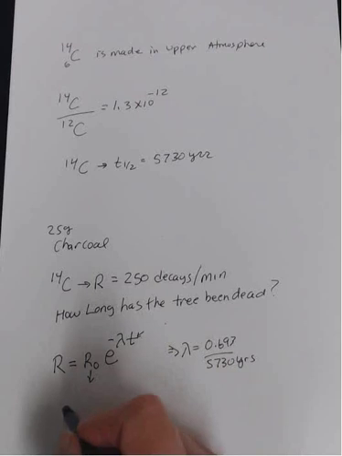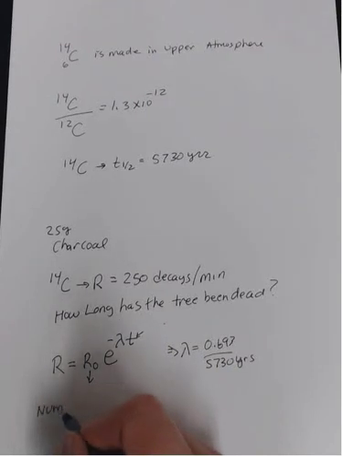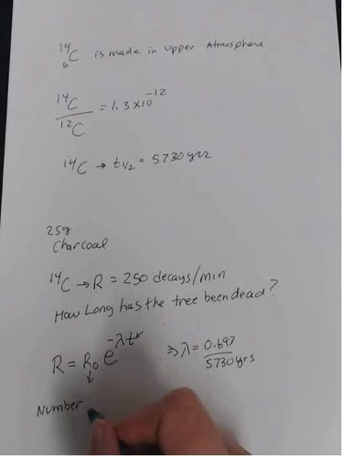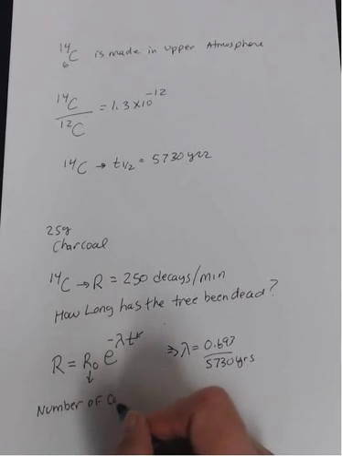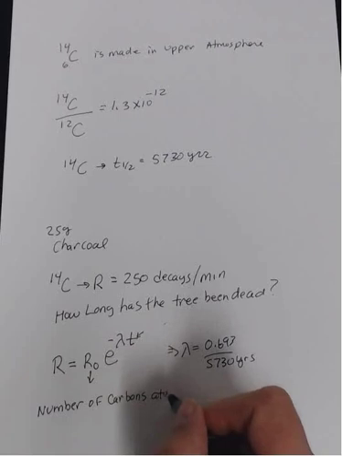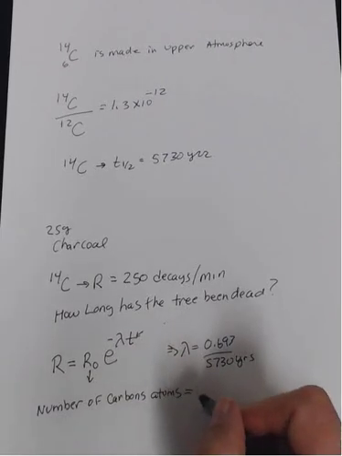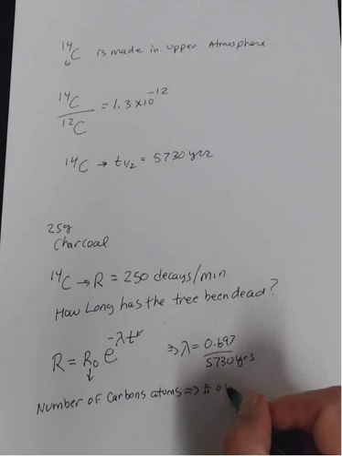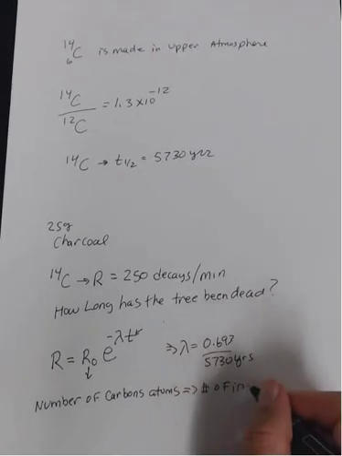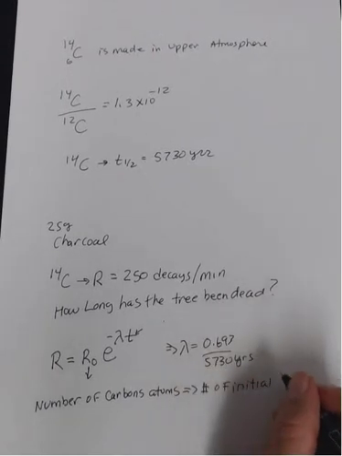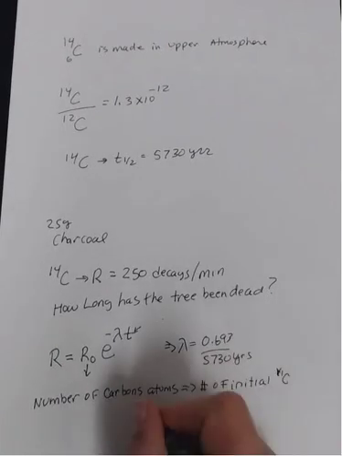We can find out how many carbon-14 atoms there should be in there. Number of carbon atoms implies number of initial carbon-14 atoms.